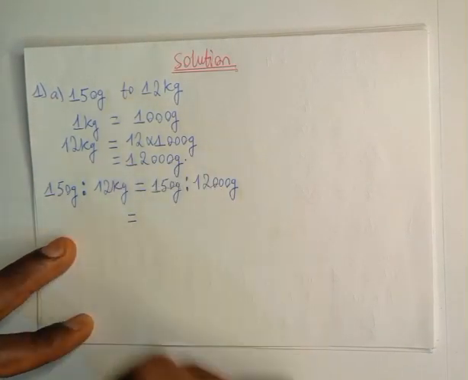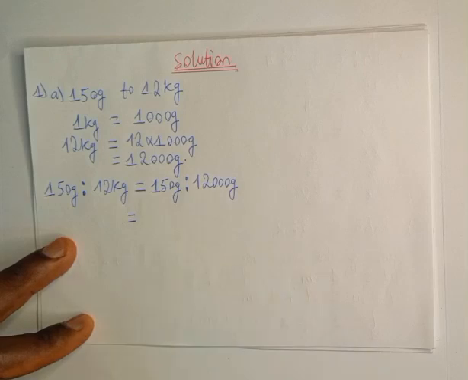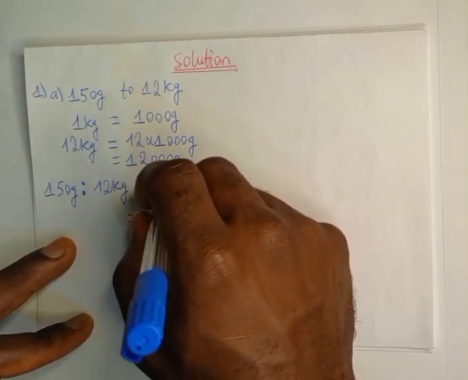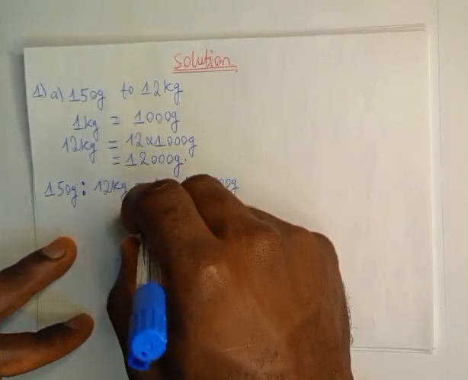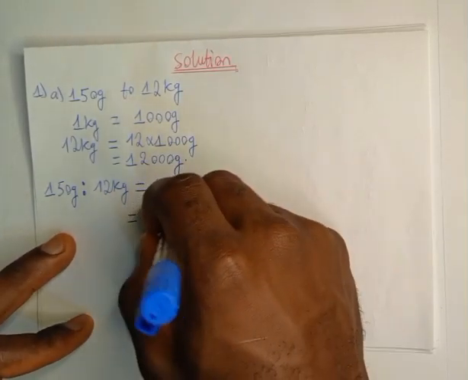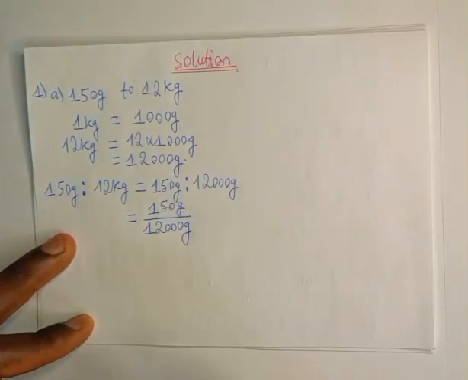This ratio has two components. We are going to express it in the fractional form: 150 grams all over 12,000 grams. At this level, we can proceed with simplifications.